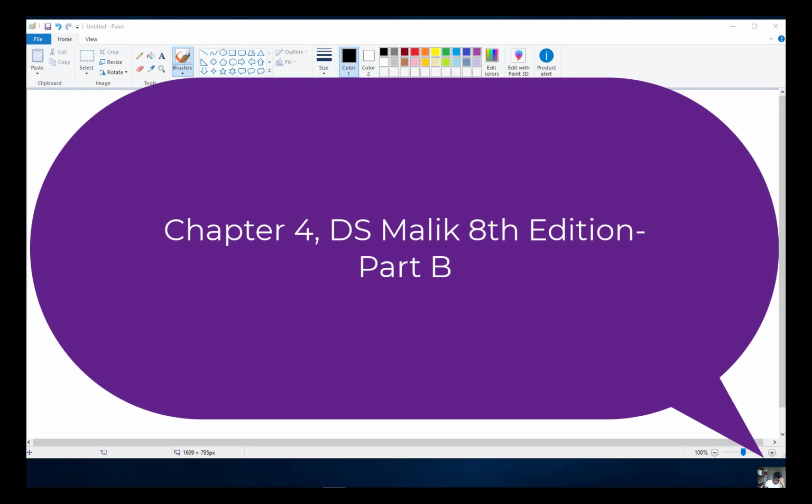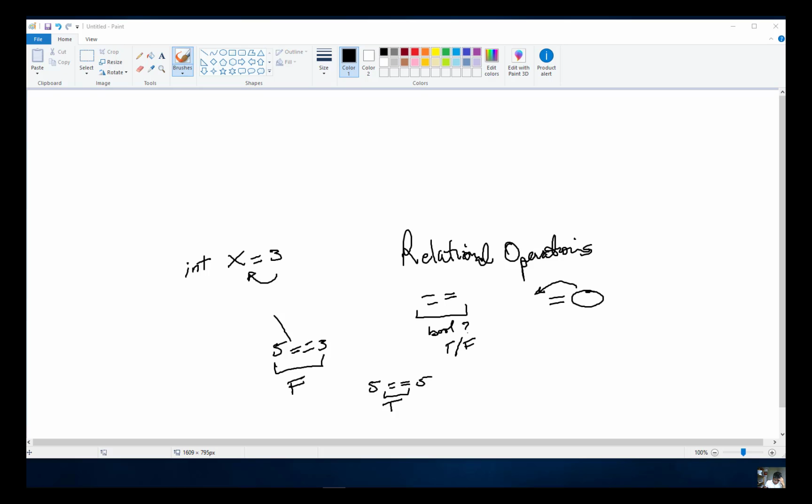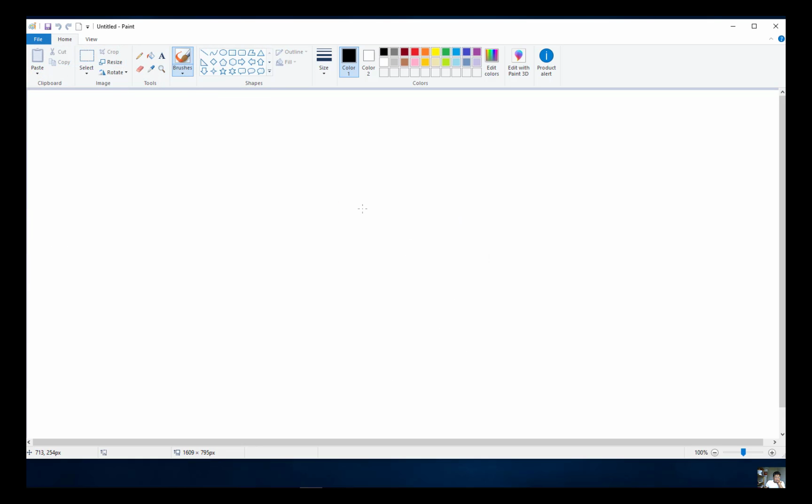So this is part 2 of the chapter 4 exercise I'm going to talk to you about. There's a table that I would like to refer you to. Let me clear this right here for a second. And in here, besides the equal sign and the single equal sign, in the operator that we talked about, I just want to make you aware that all this time we're talking about relational operators.